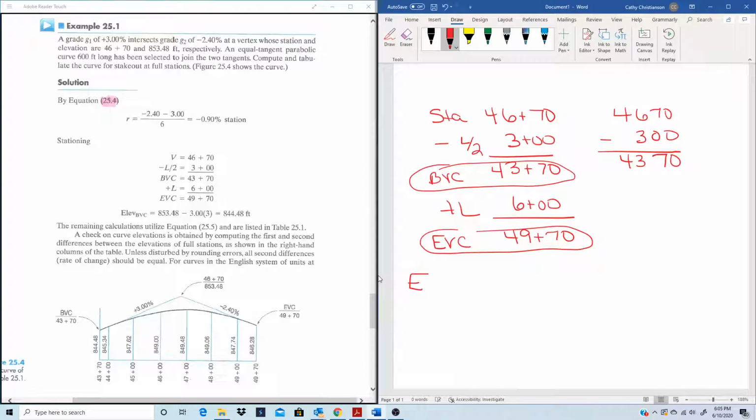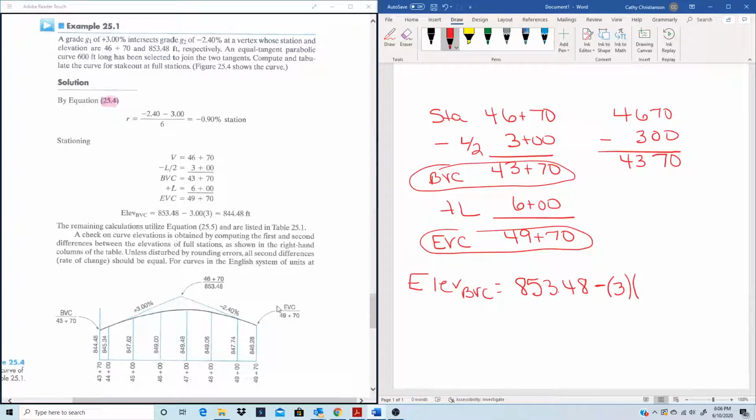So I'll show you how. I always do the beginning and the end one. So elevation at the beginning vertical curve is always going to be, you're going to use your elevation of V, which is 853.48. You'll always do a minus here when you do your beginning vertical curve. It doesn't matter if you keep your symbols, it'll always work out right for you. So this is actually a 3%, and you're going to multiply it by your L over 2.